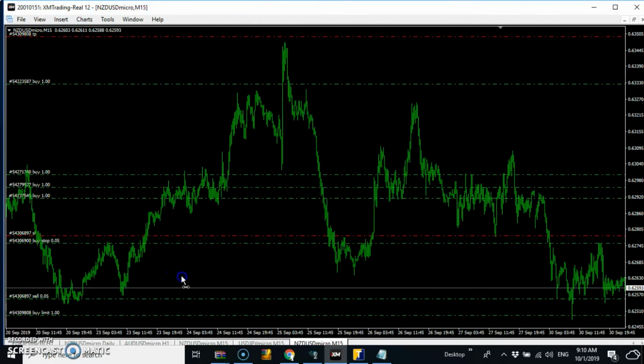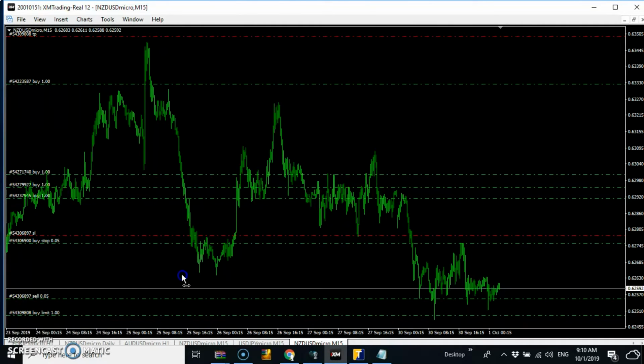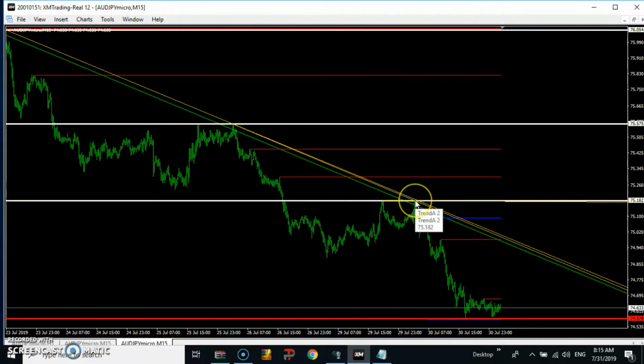Can you see price turning around? Retest, touch, break, retest, touch, and then boom, 100 pips. See, price was coming. Break, retest, touch, boom, your trade activates, 100 pips.